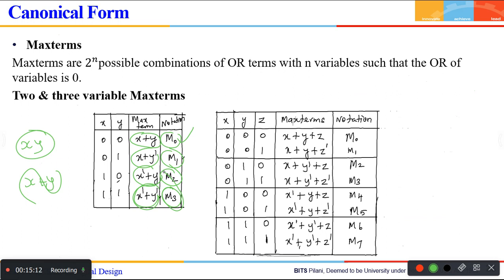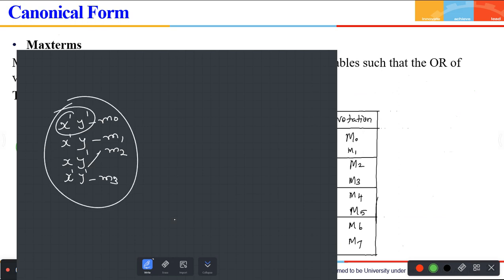See what we did here in min term. Suppose I have x bar y bar, x bar y, x y bar, and then x y. So I wrote small m0, m1, m2 and m3. This is for min term, I said product. Similarly, I can have sum also.